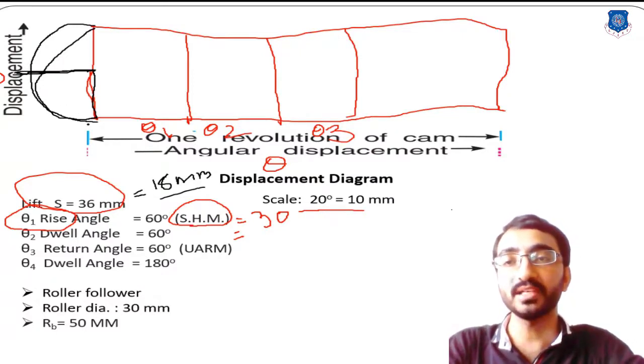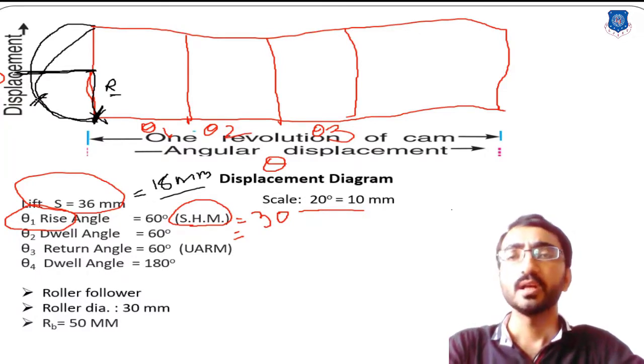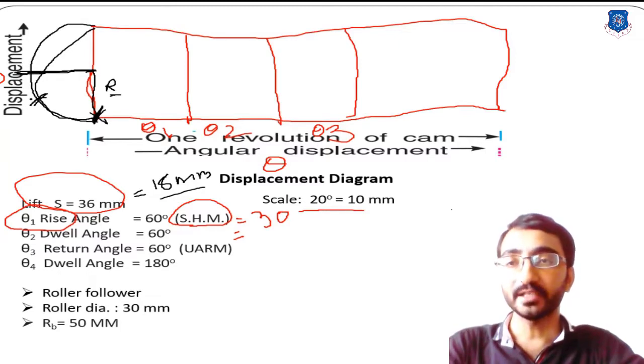Now for the rest of the divisions, take radius of this semicircle as your radius of arc. Okay, simply use your rounder, keep radius of your rounder as the radius of this semicircle, put your tip of the rounder over here at the starting point and make arc on this circle, so that will give you the first division. Now second point, put your tip of the rounder on this first point and make arc on the circle, that will give you the second division.